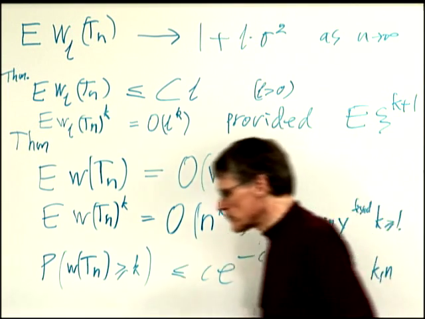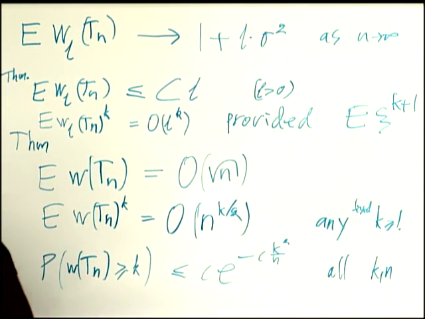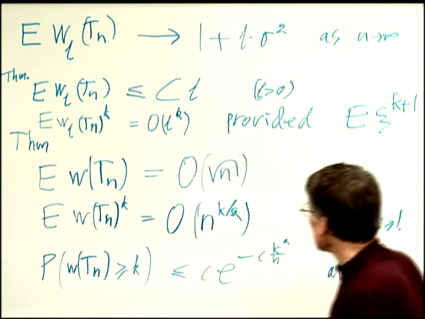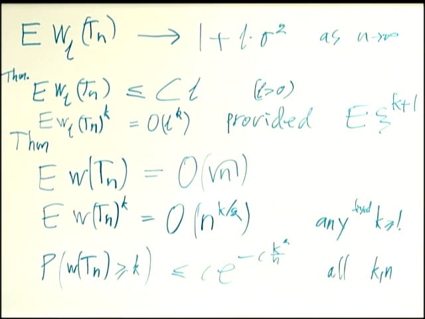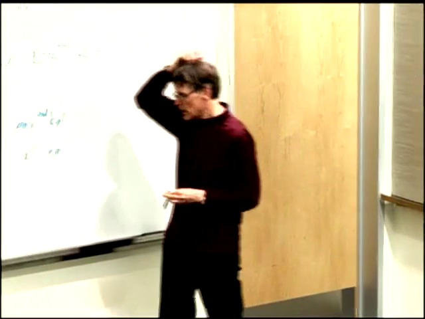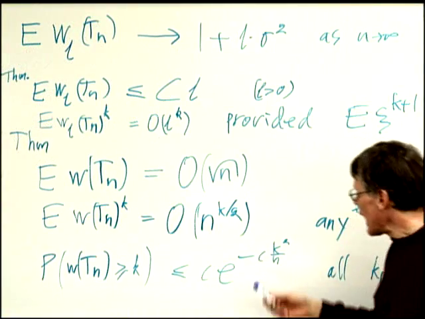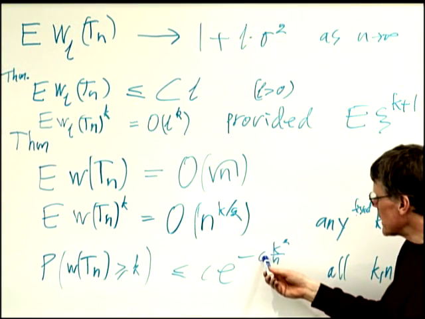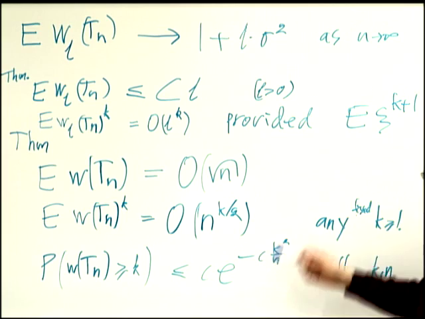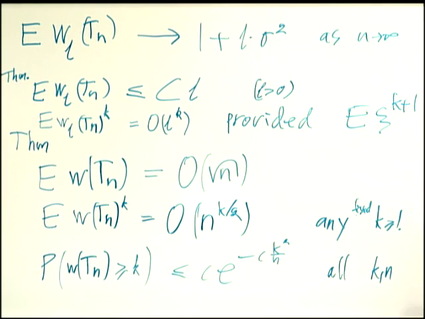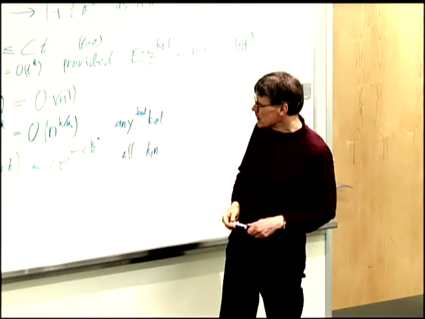And so sigma comes in the constant? Sigma comes in, yes, as I said, the constants depend not just on sigma, but they may depend on the distribution. How does sigma come into the constant? Well, I just claim that this is true for some constant depending on the distribution, and also sigma.